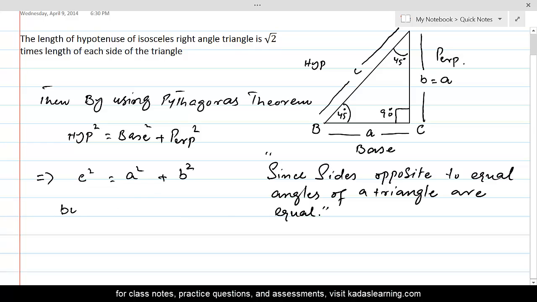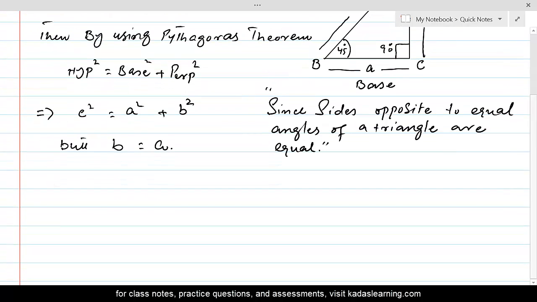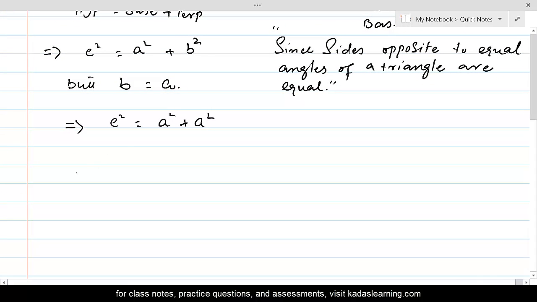But we know that B is also equal to A. Since B is equal to A in length, again for the reason of two angles being equal, C square will be equal to A square plus A square. This means C square is equal to 2A square.